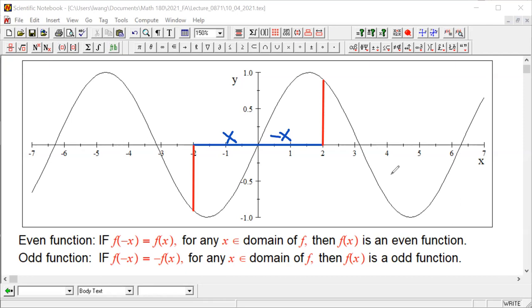So next, I want you to work out a table to see for yourself. You ready?